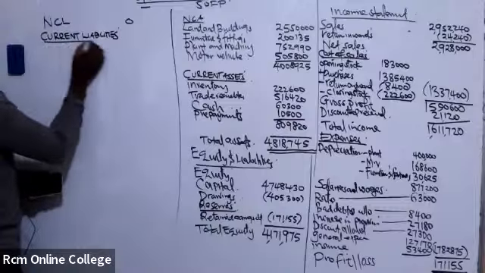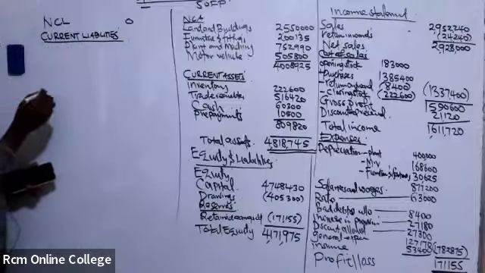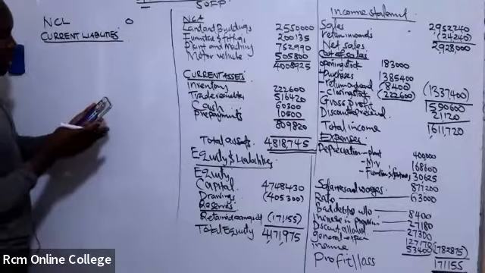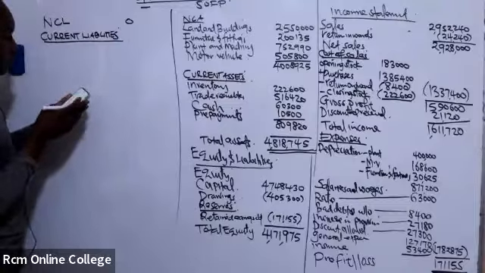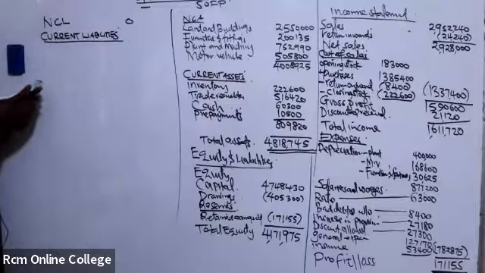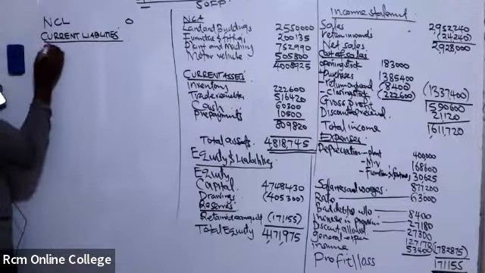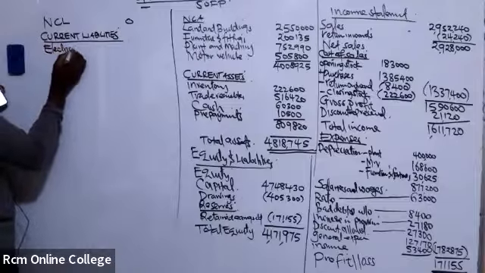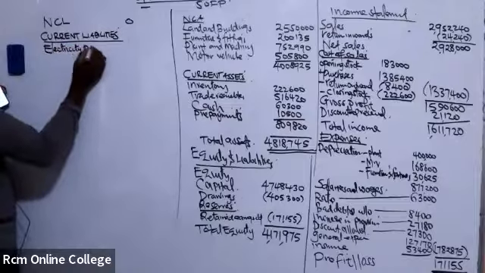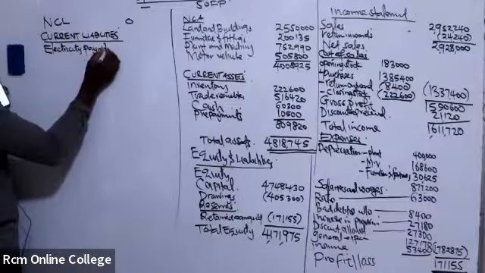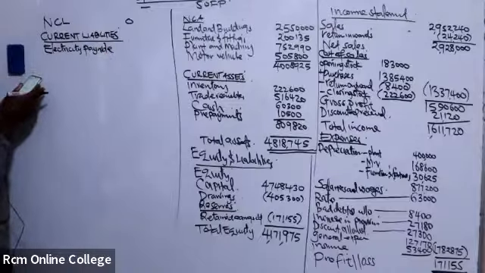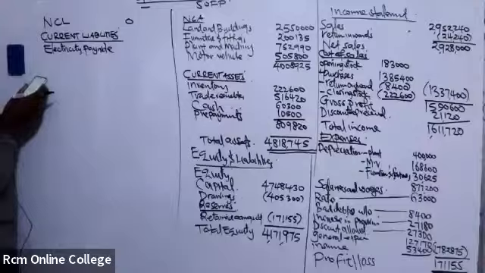So current liabilities, the first one, there's that accrued. Accrued are actually 2. Look at number 3, accrued electricity expense. So electricity payable, right? How much was it? Electricity payable was 5,370.